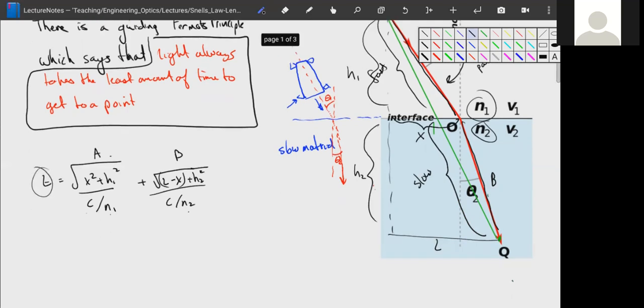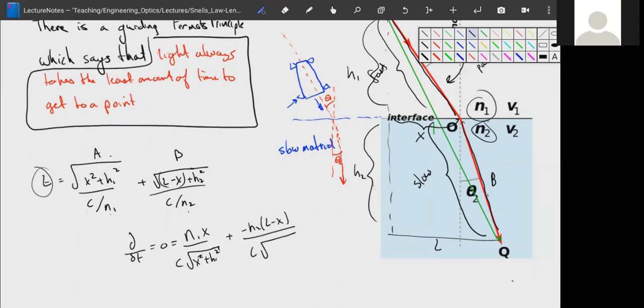So we add those two times together, and that's the total time. And if we take the derivative and set it equal to 0, dt/dx equals 0 is equal to n1 x divided by c square root of x squared plus h1 squared, plus negative n2 (L minus x) divided by c square root of (L minus x) squared plus h2 squared.